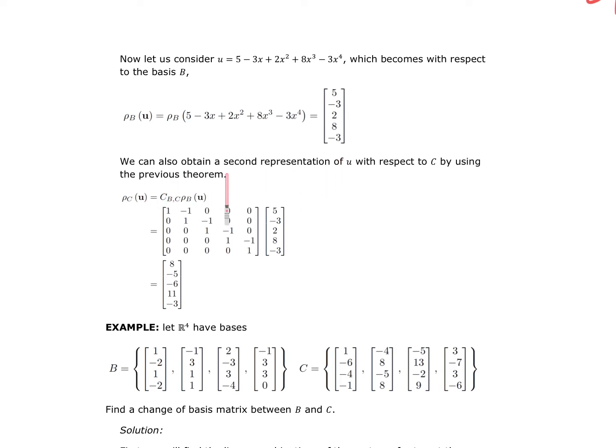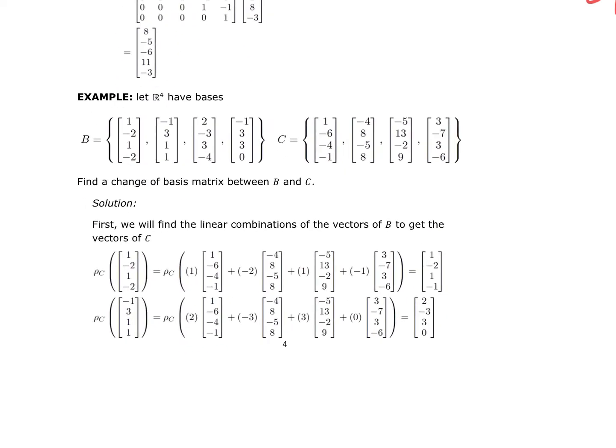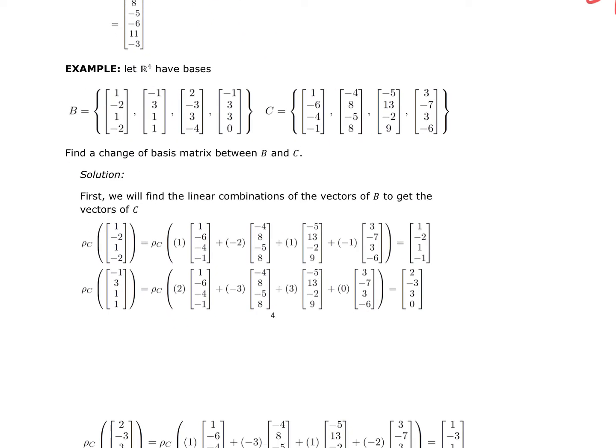We can also obtain the second representation of u with respect to c by using my previous theorem, which says, look at that matrix representation I've got multiplied by my vector with respect to b is just this, which is kind of nice.